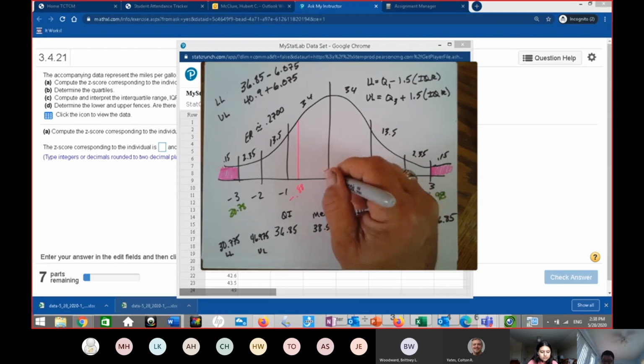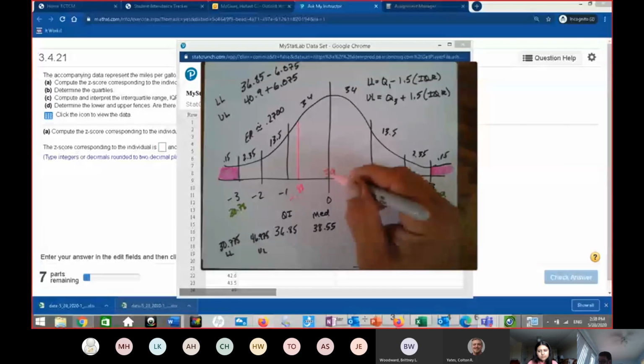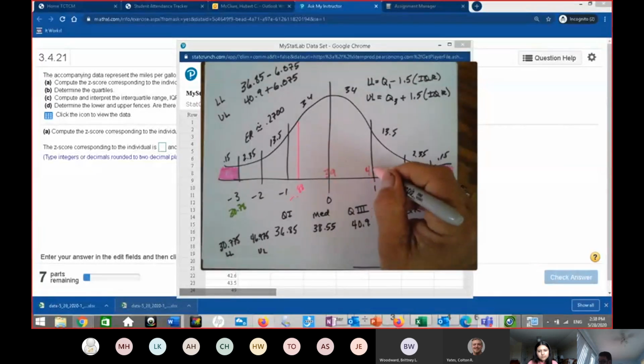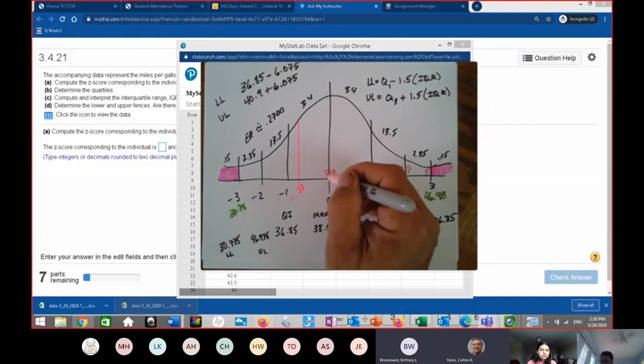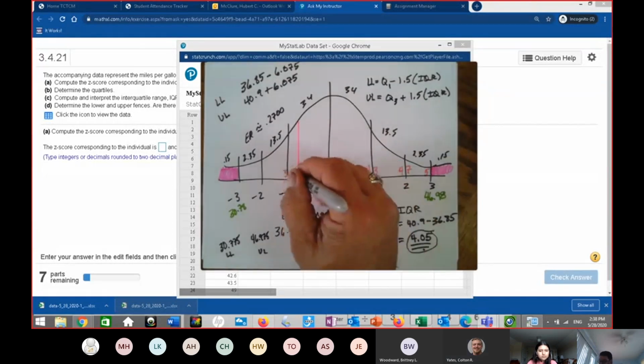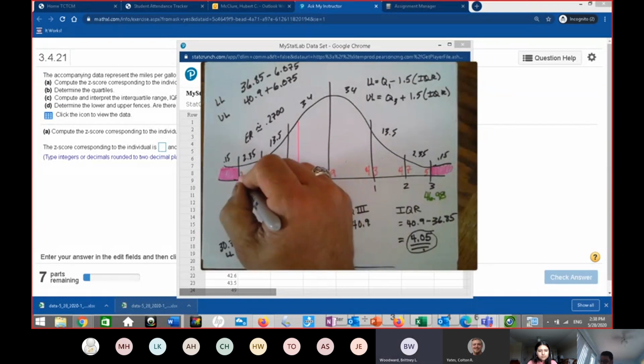And my standard deviation is 3.5, so we're going to say 4. So 43, 47, and 51. Down here, 39 minus 4 is 35, 31, and 27.